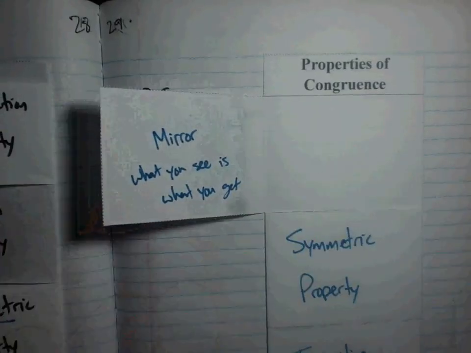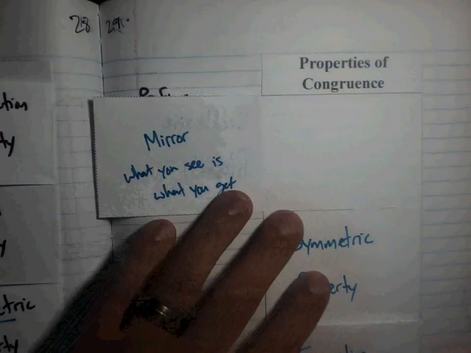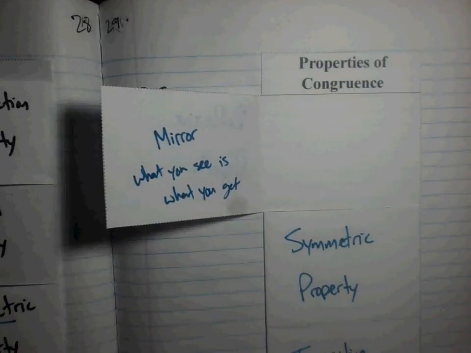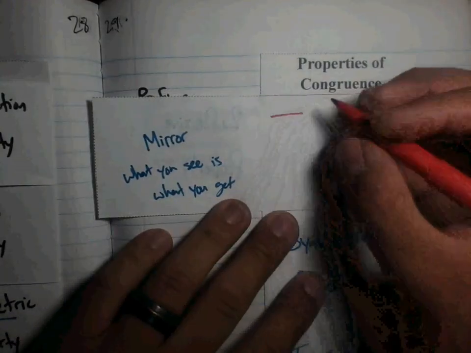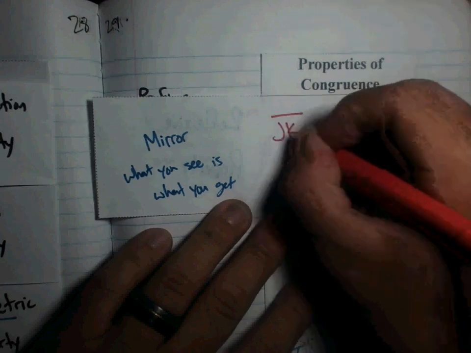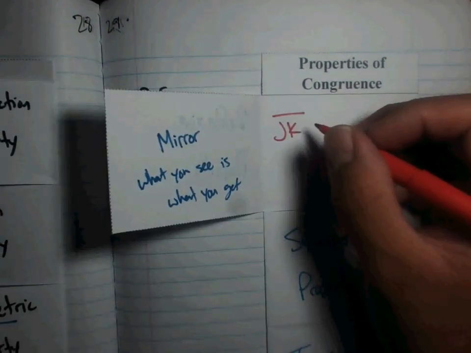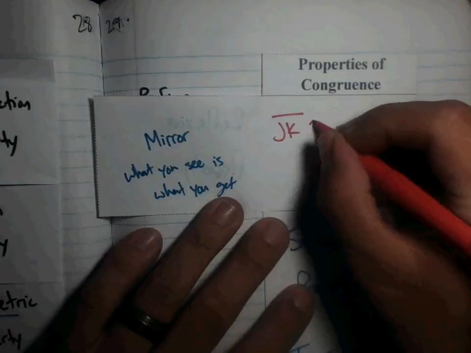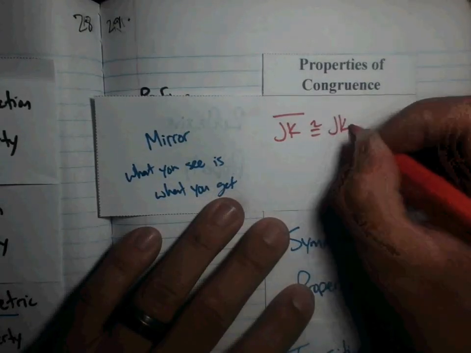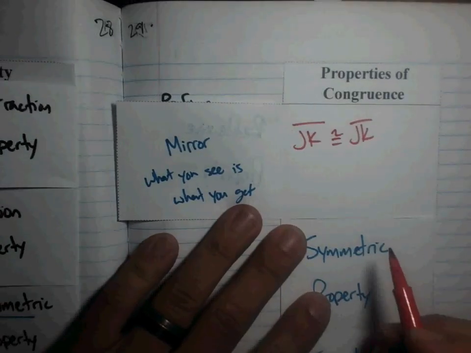So like, if we have segment JK, that's always going to equal and be congruent to segment JK. It also works the same way with angles.